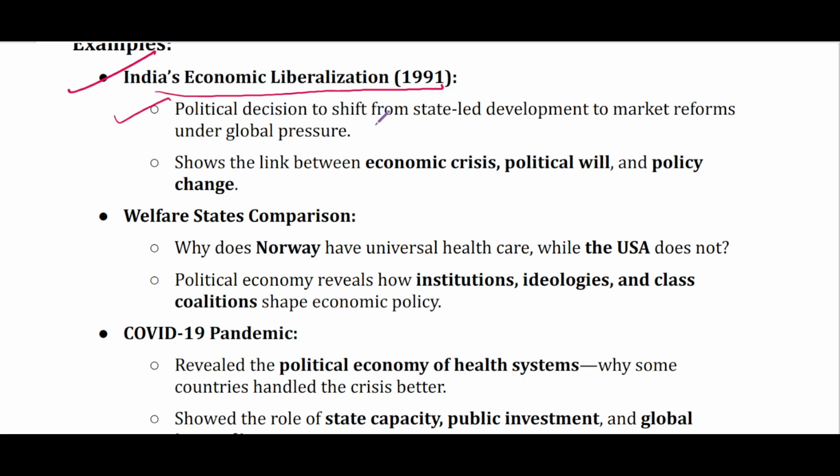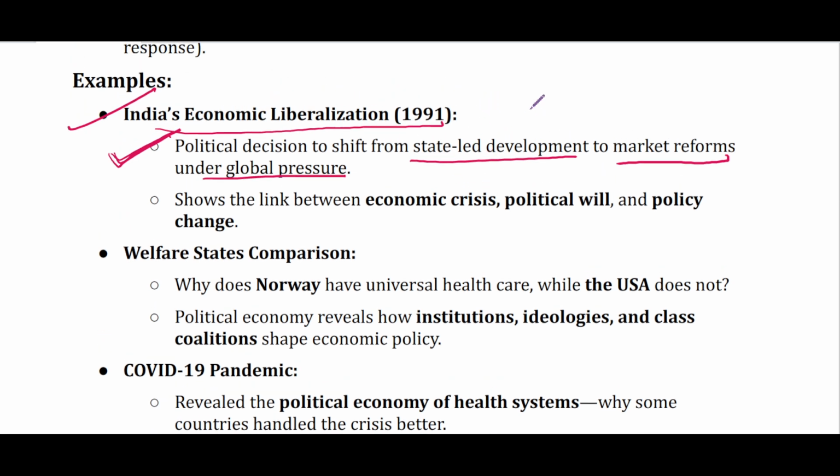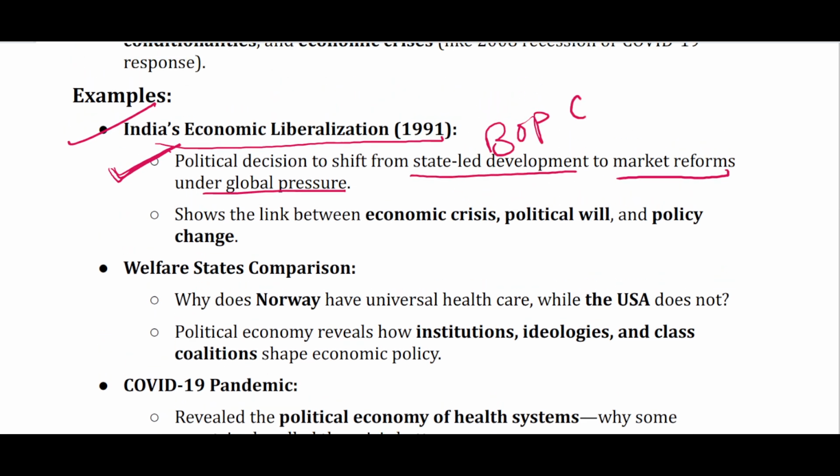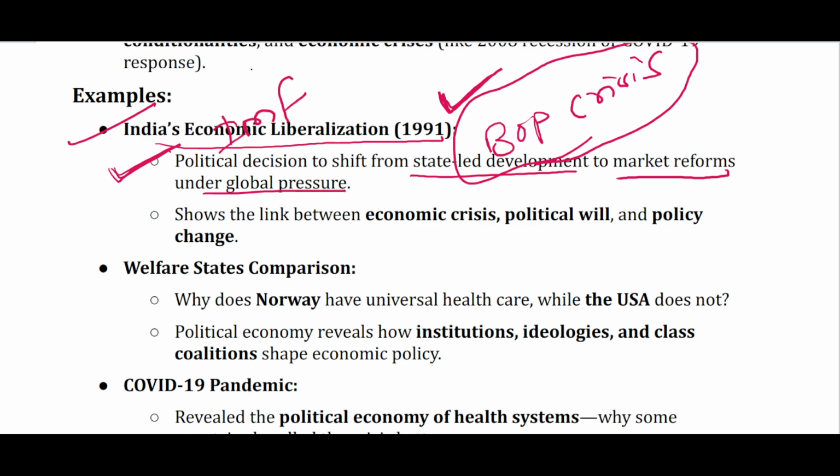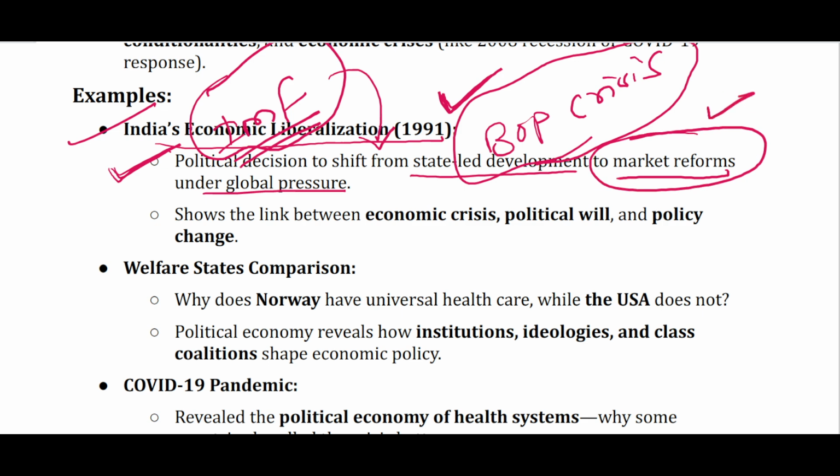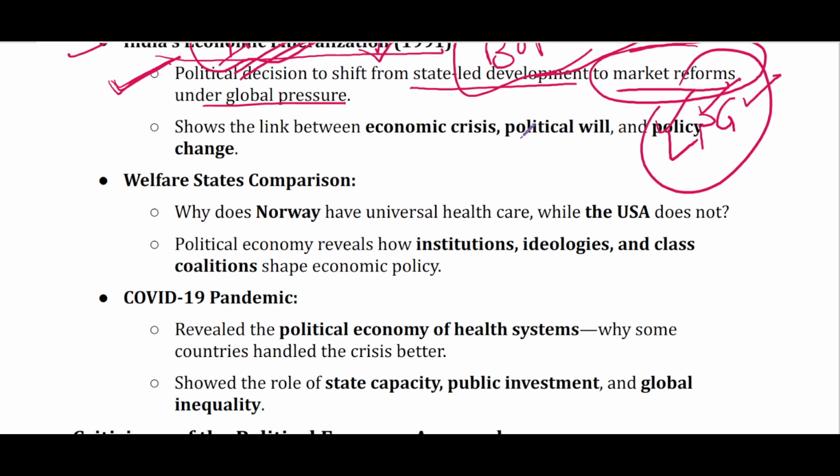So here, India decided to shift from state-led development to market reform, from license Raj to LPG under global pressure. क्योंकि उस टाइम पे इंडिया हैड टू फेस द बैलेंस ऑफ पेमेंट क्राइसिस. इंडिया के पास एक्सटर्नल पेमेंट्स के लिए फॉरेक्स रिजर्व नहीं थे. सो इसके लिए इंडियन गवर्नमेंट, इट टुक असिस्टेंस फ्रॉम इंटरनेशनल फाइनेंशियल इंस्टीट्यूशन सच एज IMF. और IMF ने वो असिस्टेंस दिया, बट साथ में कुछ कंडीशंस भी दी दैट इंडिया हैड टू ओपन अप इट्स मार्केट. और जो कंडीशंस हैं, they are known as LPG, liberalization, privatization, and globalization.